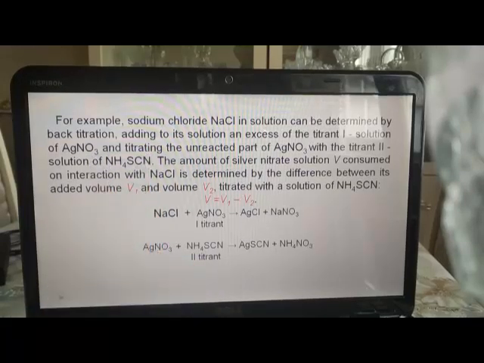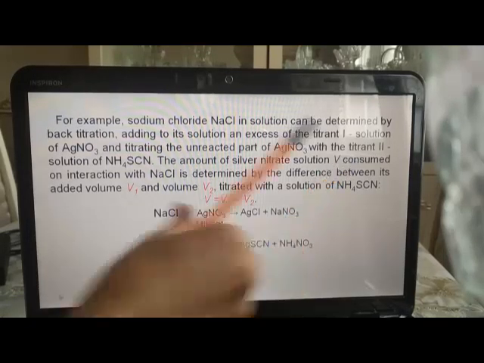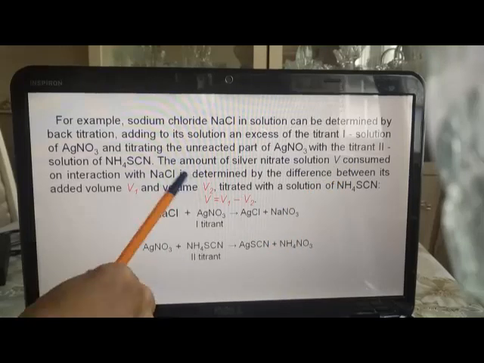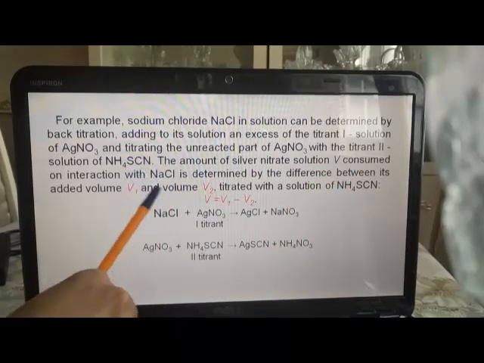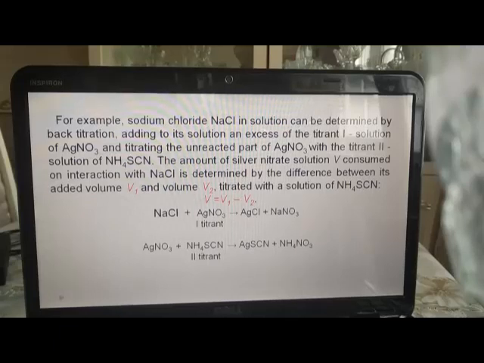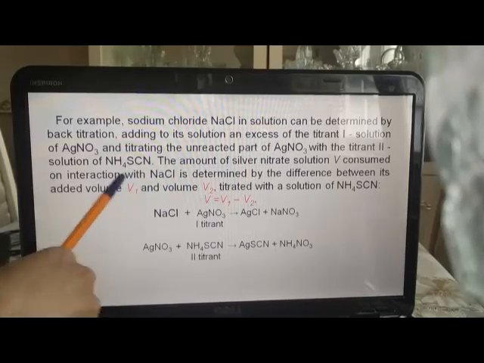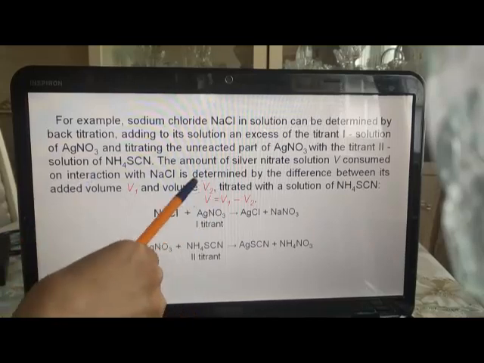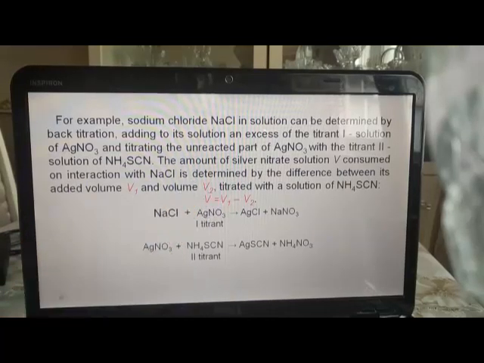The amount of silver nitrate solution, V, consumed on interaction with sodium chloride is determined by the difference between its added volume V1 and the retitrated volume V2, titrated with a solution of ammonium rhodanate.